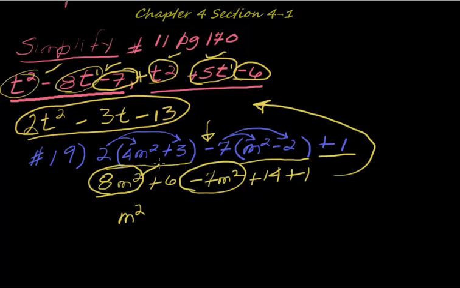So those are done. Check them off. Now we have 6 positive plus 14 positive, which is 20, plus 1. So we have m squared plus 21. And that is our final simplified answer to this polynomial addition.